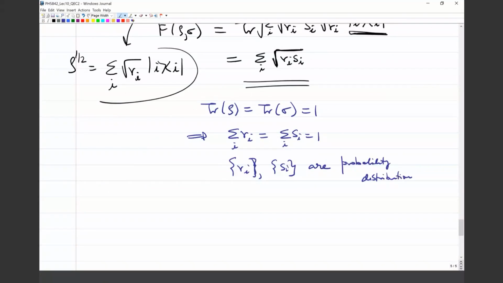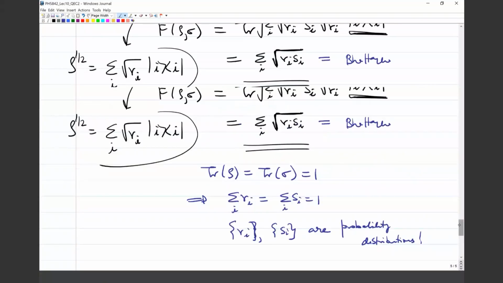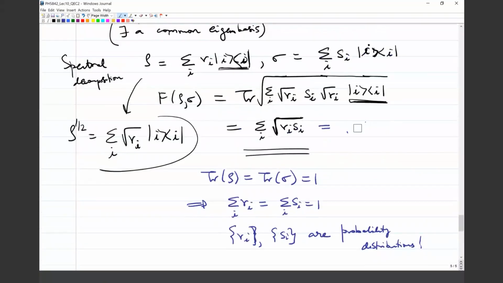And so this is actually what is called the Bhattacharya distance. I don't know if people who do classical information or classical error correcting codes have seen this measure. Anybody who's done some probability theory would have seen it.